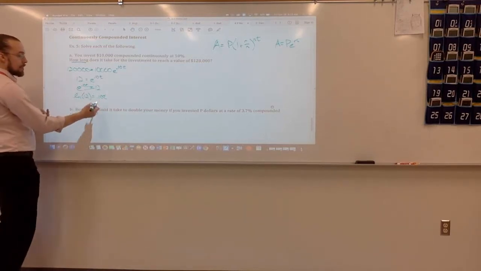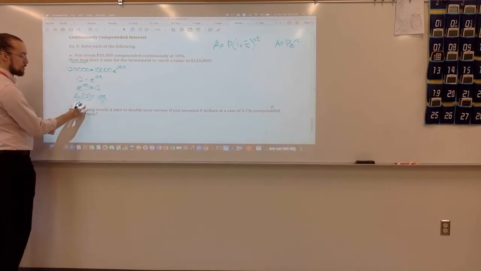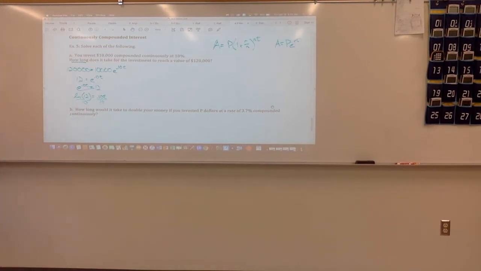Then to get t by itself, I can just divide both sides by 0.10. And I can put this in the calculator. There's a special natural log button on the calculator. So what is the natural log of 12 divided by 0.1?